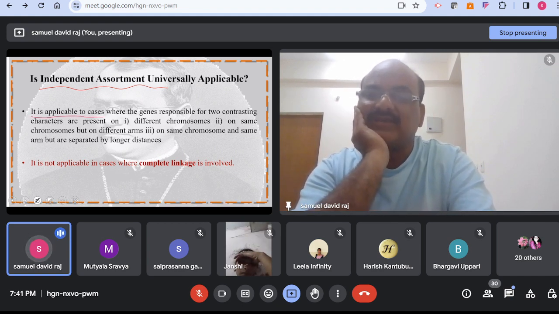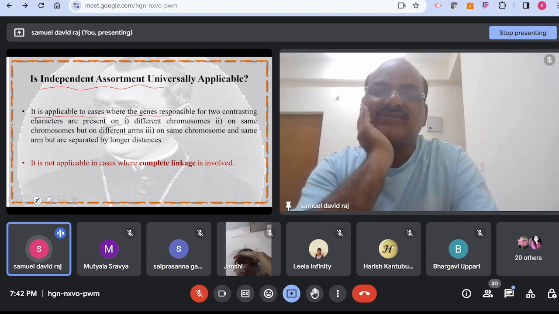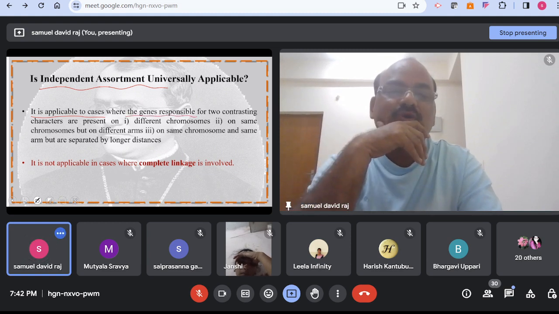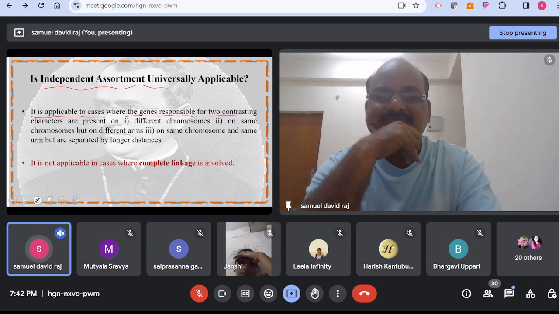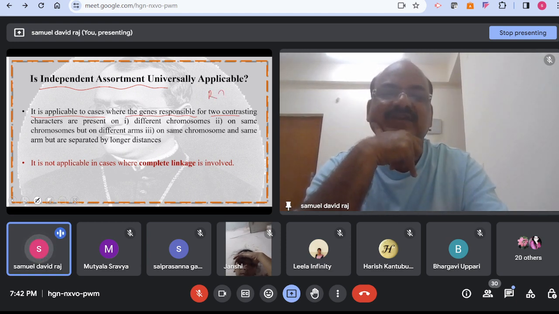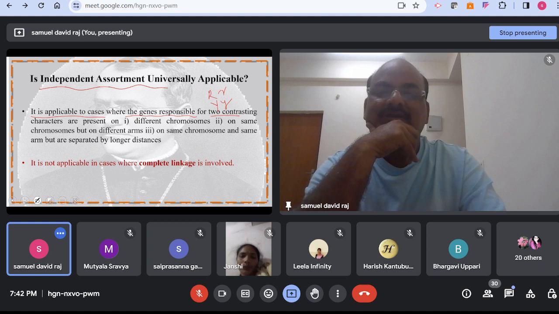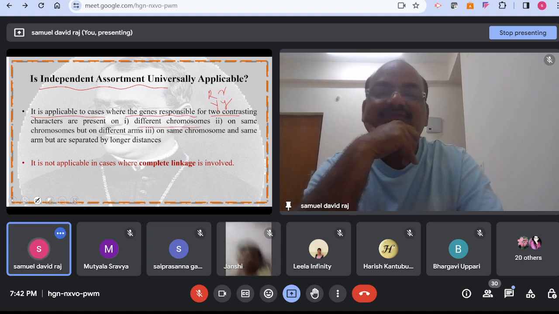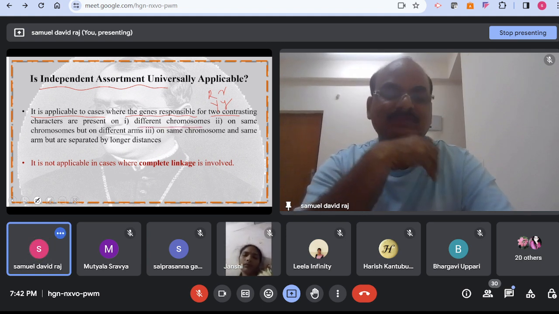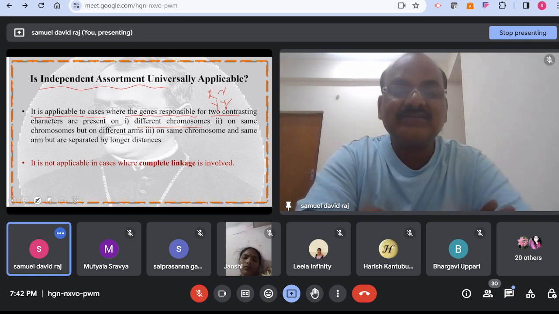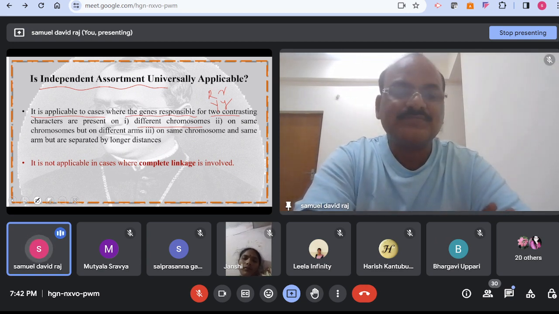It is applicable where the genes responsible for two contrasting characters, capital R, small r, capital Y, small y, that is the F1 hybrid, are present on different chromosomes.